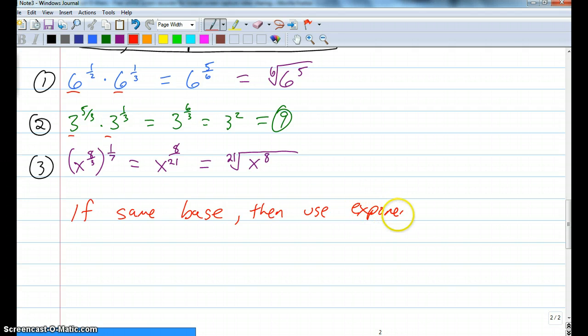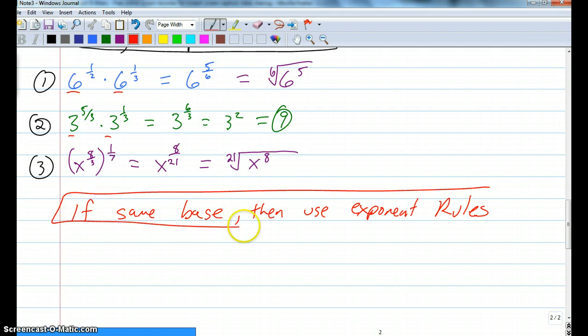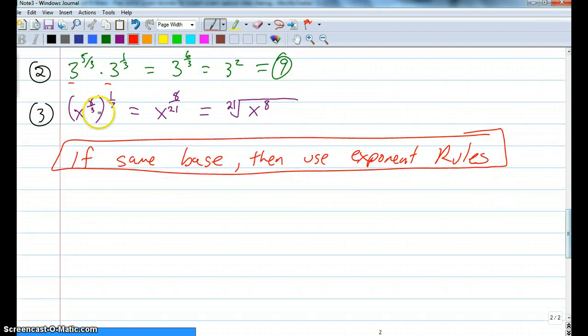If they have the same base, we're going to employ our exponent rules here. All right, that's what happened here. They had same bases but different exponents, so we just used our exponent rules and did our thing. This one, while there's only one base, it's still the same base. And this one's kind of clear. We're going to use the exponent rules.